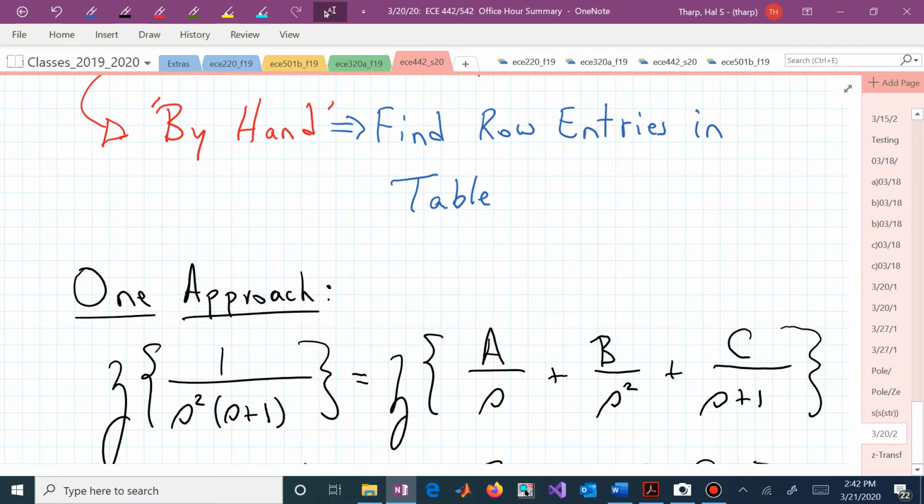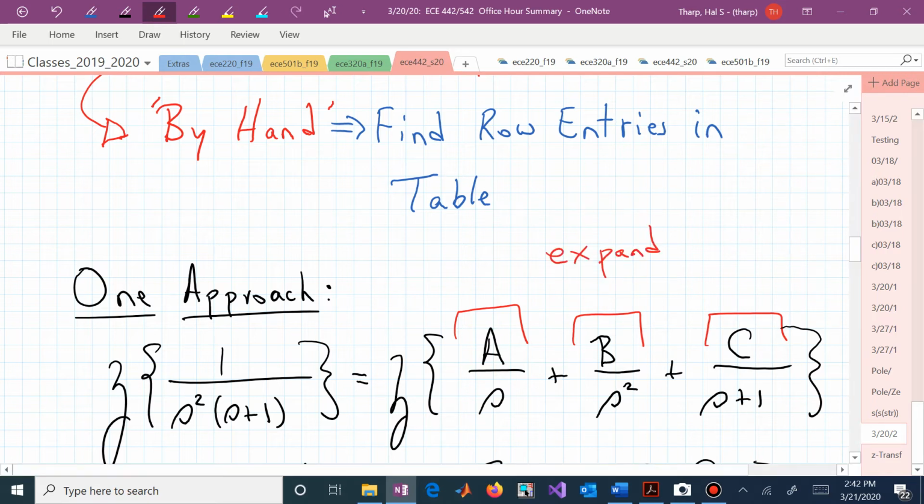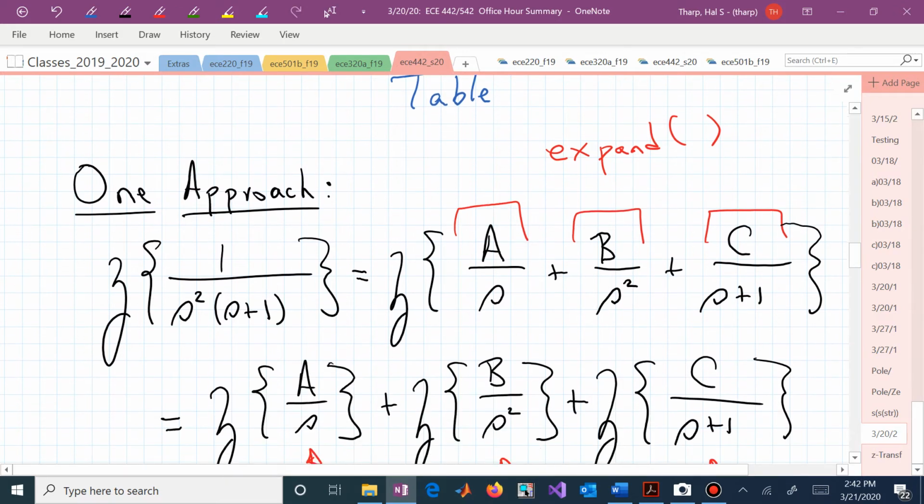And now what you can do is go to your table and try to find this term, then find that term, and then find that term. This is granted after you've found A, B, and C by means of a partial fraction expansion. And depending on what kind of calculator you possess or have access to, you can use the expand function on a TI Inspire, and it will do this for you in one key return.